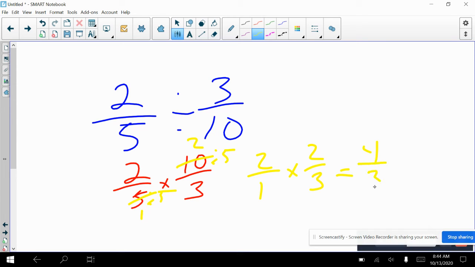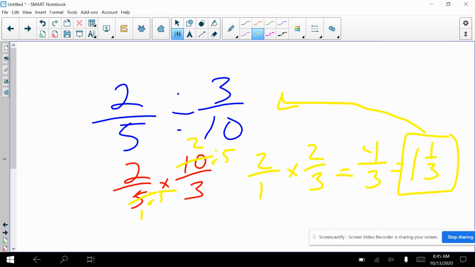We get 4/3, which is 1 1/3. So 2/5 divided by 3/10 is equal to 1 1/3. All right, that should be fairly easy for you. The only thing that's new here is we're changing the second fraction to its reciprocal and we're multiplying. Right? That's the only difference.